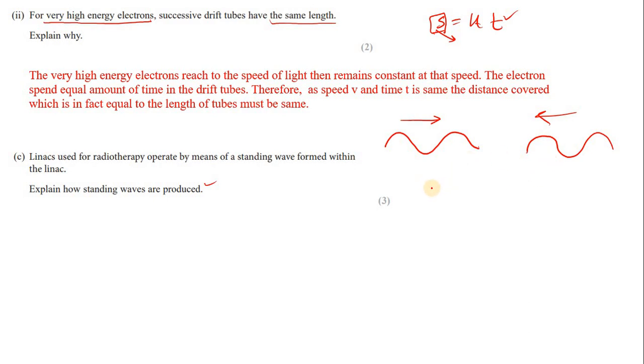Due to interference we have constructive interference and destructive interference, and due to overlapping we have a pattern of nodes and antinodes. Nodes are due to destructive interference, and antinodes are due to constructive interference.